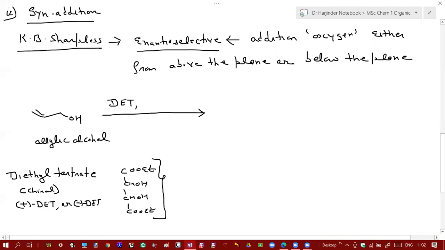Either you can use plus diethyl tartrate or minus diethyl tartrate, in the presence of a titanium metal catalyst, that is titanium tetraisopropoxide.